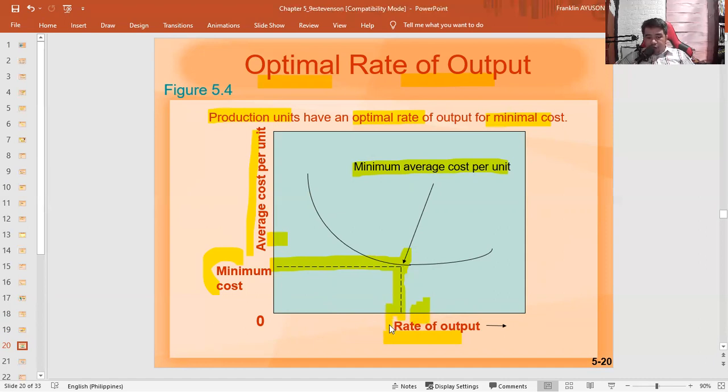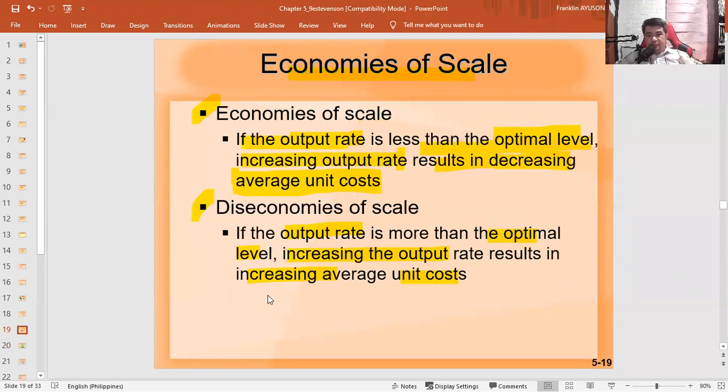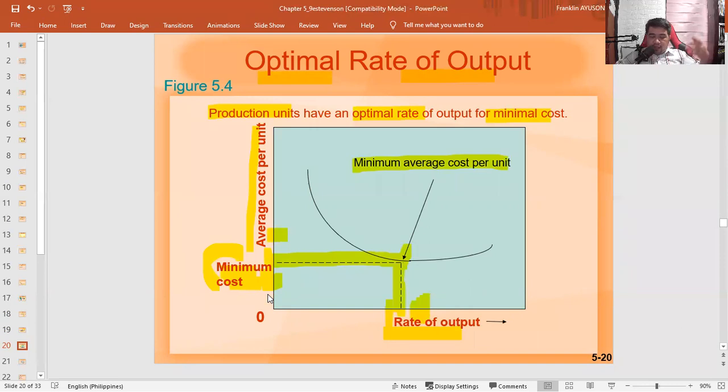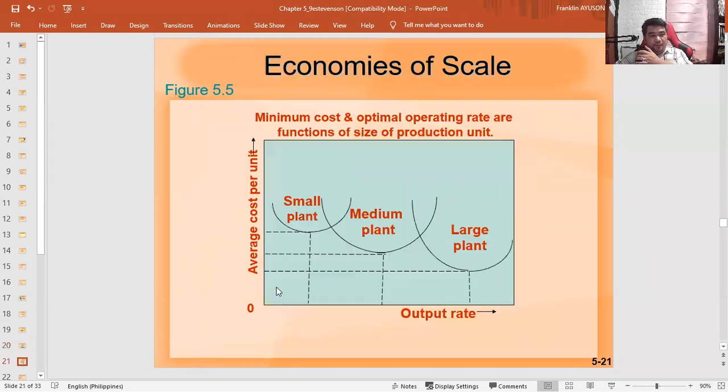Pag tinaasan mo yung rate of output, pero bumababa naman yung ating average cost, ibig sabihin bumababa yung minimum cost natin, nagkakaroon ngayon tayo ng economies of scale. Yan. Okay, so moving forward also, I will be interrupting this discussion to discuss this further.